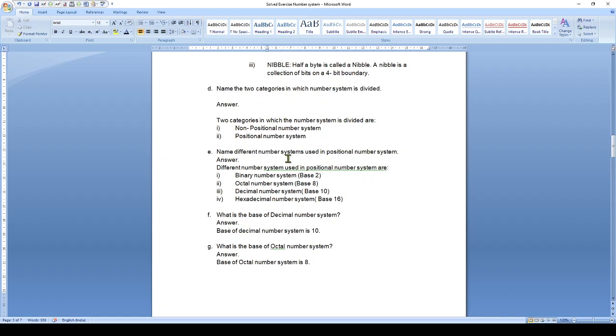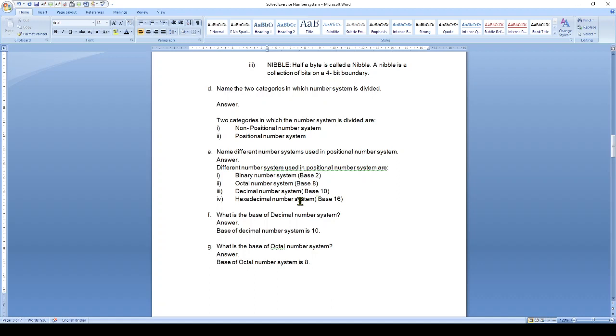Different number systems that are used in positional number systems are binary number system, that is a base 2 number system, octal number system, base 8, that is 8 digits are used, 0 to 7, decimal number system, base 10, 0 to 9, there are 10 digits, hexadecimal number system, there are 16 different digits or symbols used in this number system.